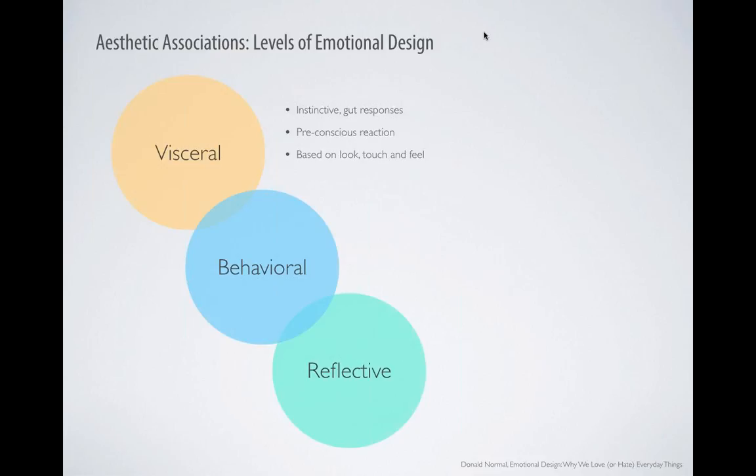And then he turned to emotional design, which is why we react favorably or negatively to everyday things. So he was still focused on physical products. He especially talks a lot about tea kettles, just because I think he collects tea kettles, but that was an example he used often.